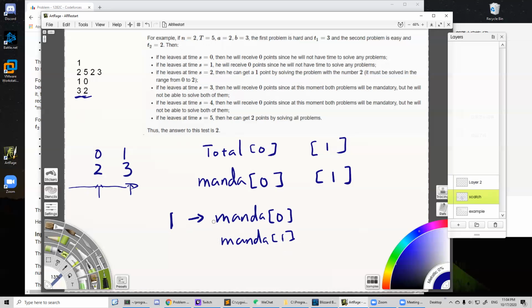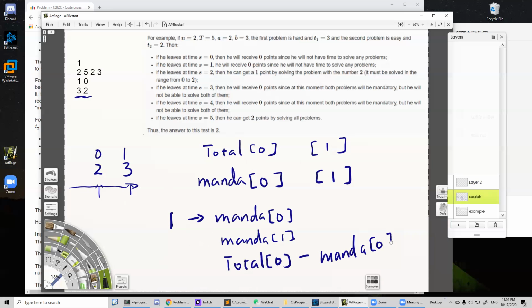And if there is still time left, we can use the rest of the time to solve the rest of the problems, which is the total easy problems minus the mandatory easy problems.